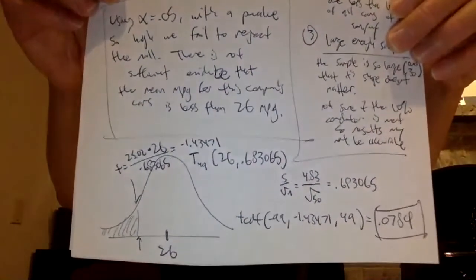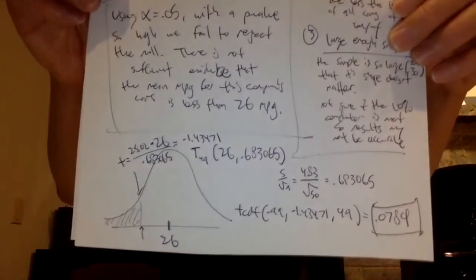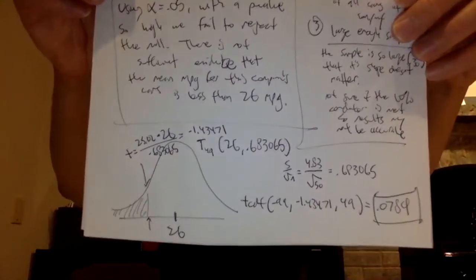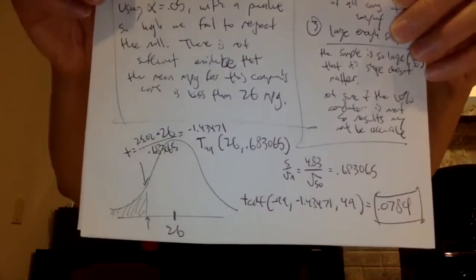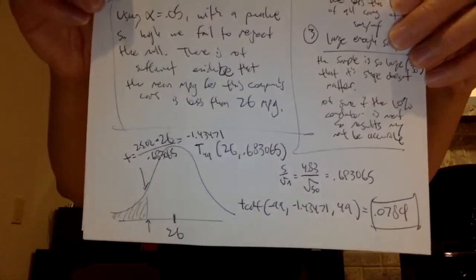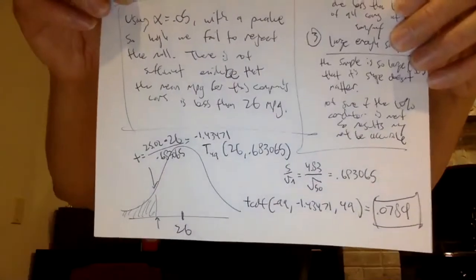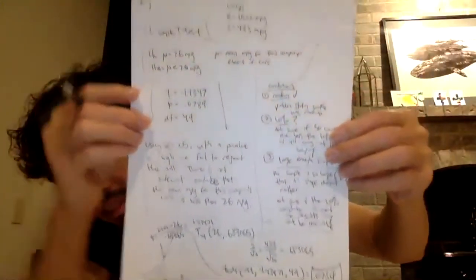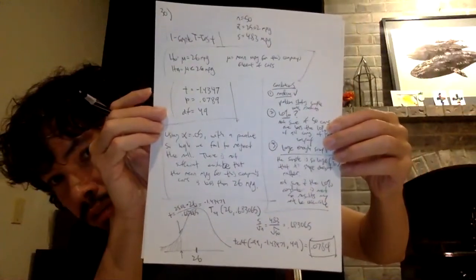That's the p-value we wanted. 0.0789. So there's the sampling distribution, getting our probability, not normal CDF, t-CDF, got to put your degrees of freedom in there, 49. New standard deviation formula, S over square root n instead of square root PQ over n. And that's it. That is a one sample t-test.